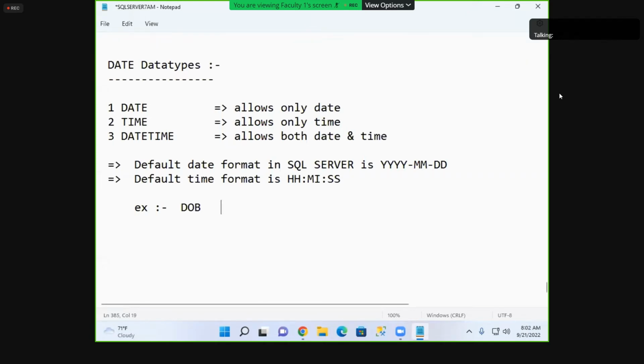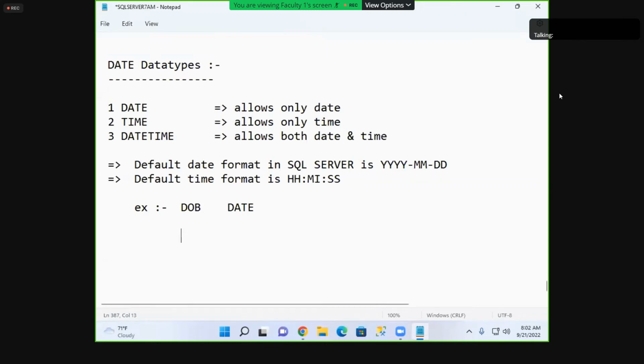At what time he was born is not important for me. Then which data type do you use? Date. Yes or no? Then date. The date of birth is, for example, 2003 like this.